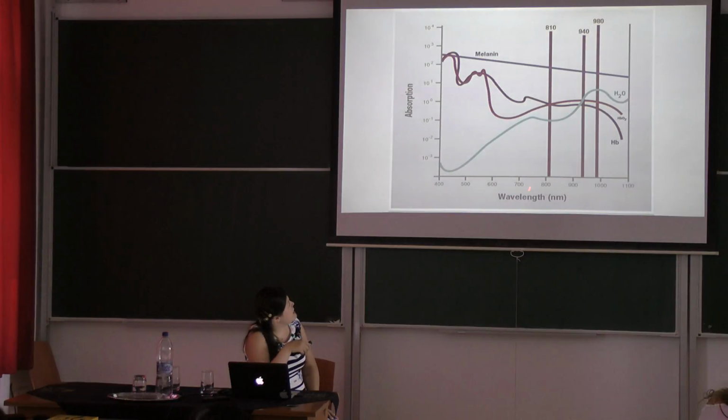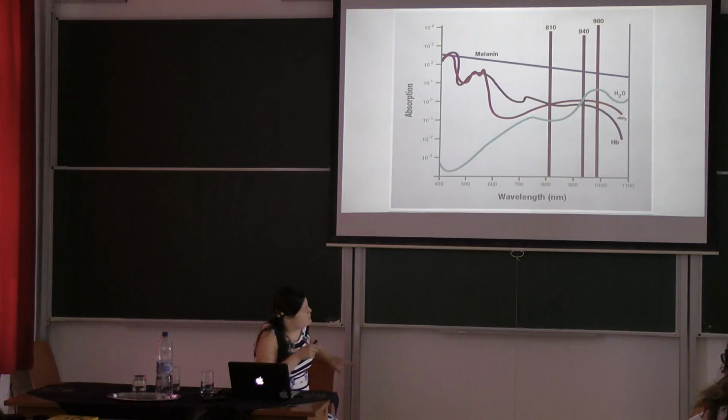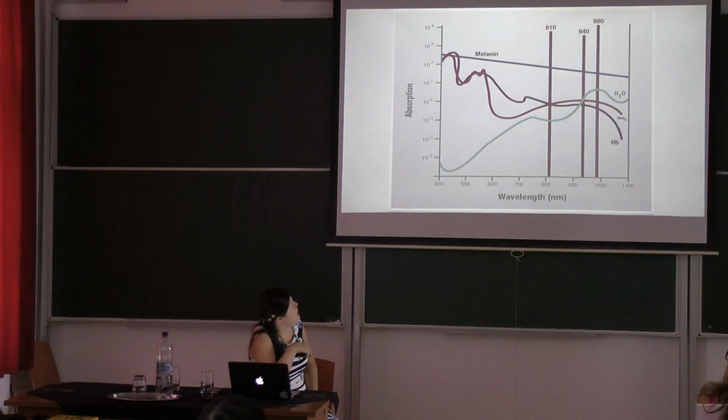In this way we can distinguish which wavelength is good for what. Here the absorption curve is very much extended in order to see these little differences between these wavelengths.